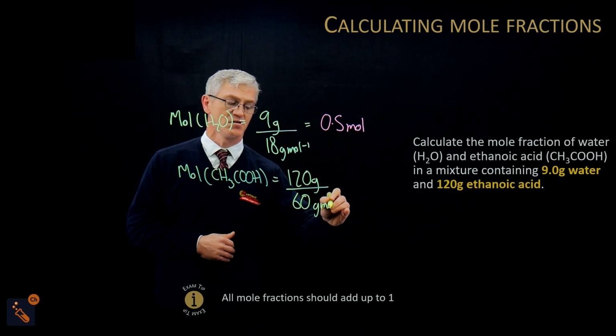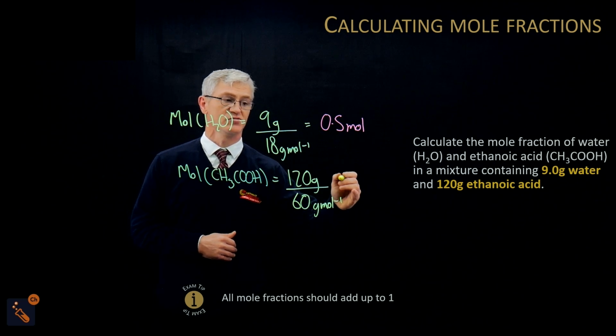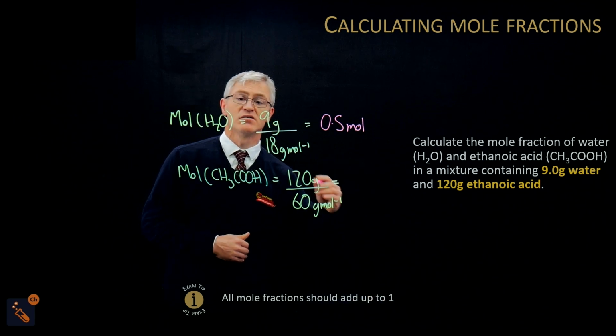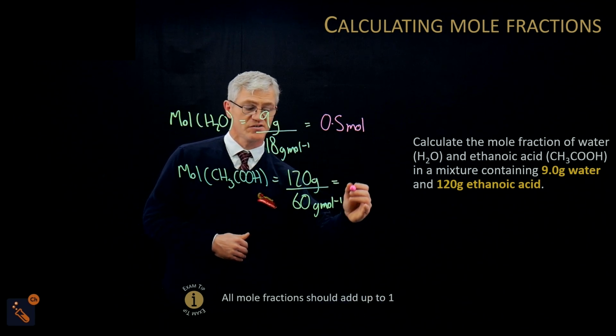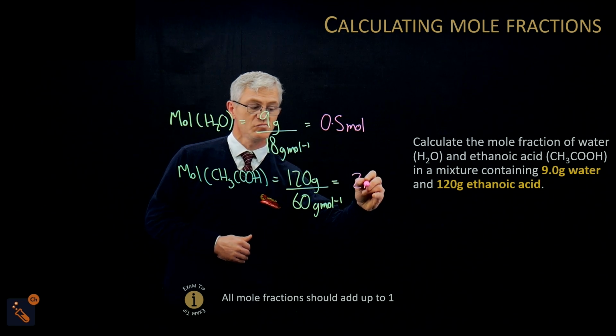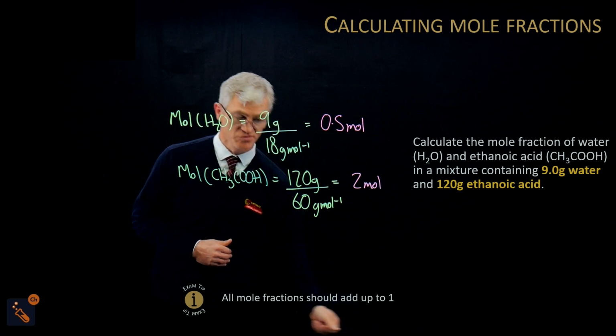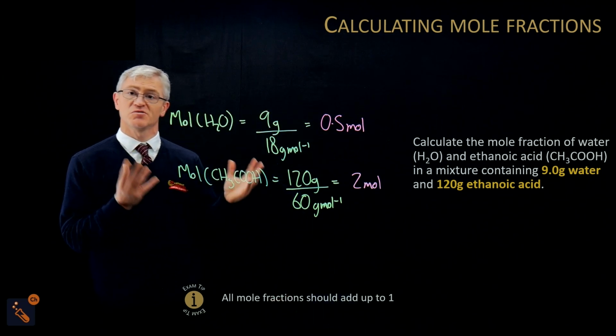Again, nothing to stop you doing this yourself. That will equal, if that's 0.5, this is going to be 2 moles. So that's not 0.5, that's going to be 2. So we've got our number of moles.